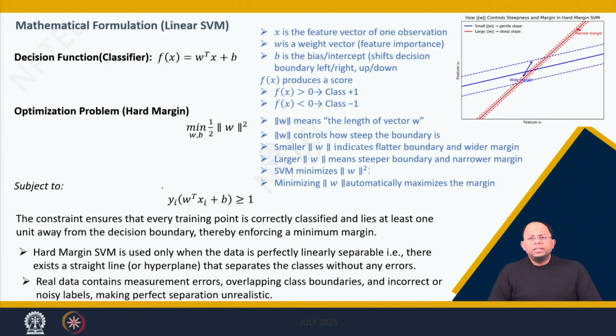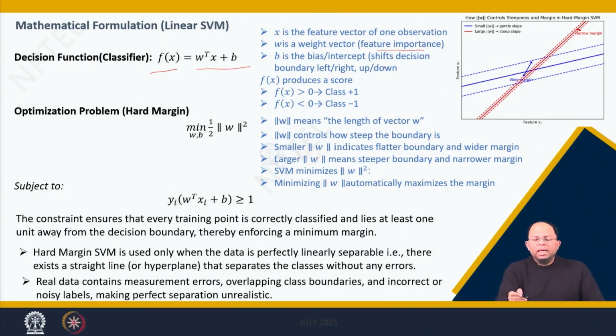Now to convert it into a linear form, you can see the decision function of the classifier is basically a line, where f(x) is the function, x is the feature vector of one observation, and we can have x1, x2 depending on how many features there are. Then w is the weight of each of these features, which is also the feature importance, and b is the bias or intercept.